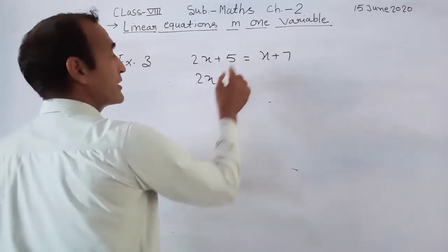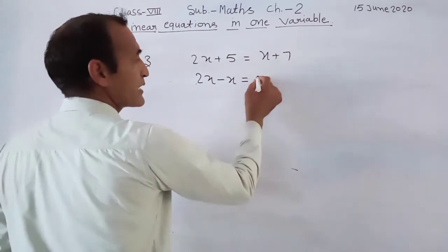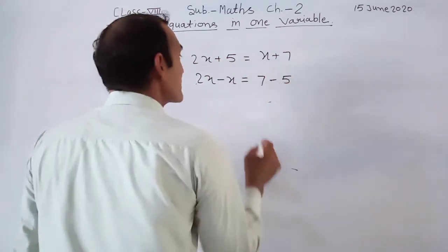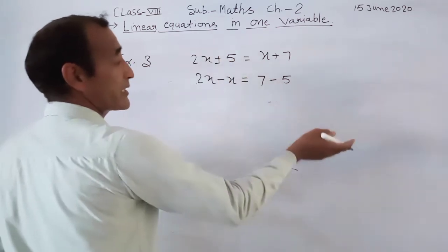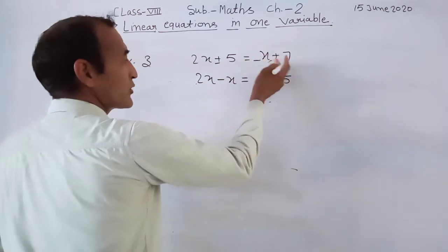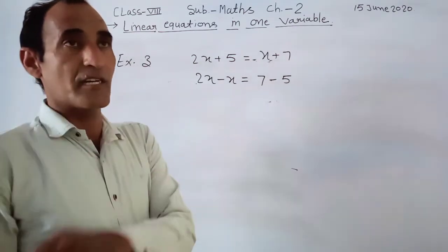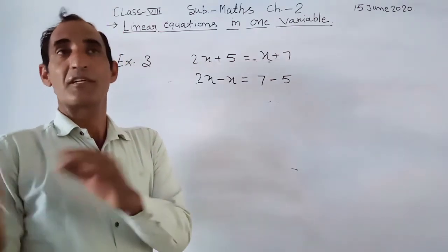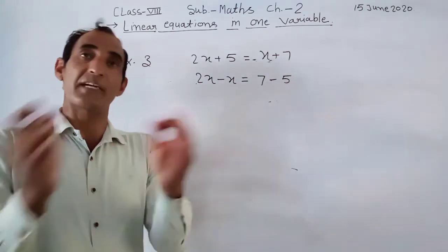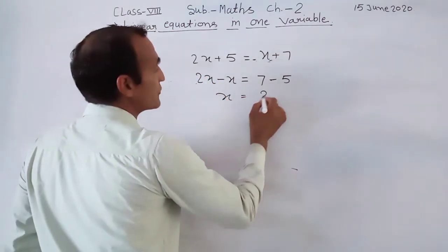It is a positive digit, convert into minus. Similarly, plus 5 converts into the right hand side, but plus converts into negative. If it is negative, it converts into a positive sign. Multiply converts into divide, divide converts into multiply sign. Positive converts into negative, negative converts into positive sign. x equals 2.